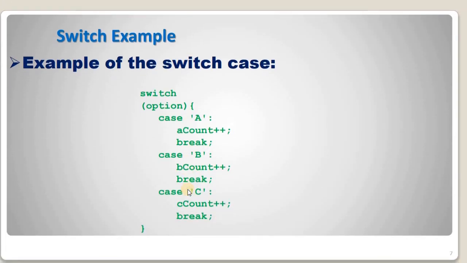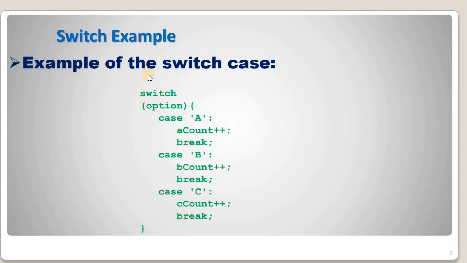Let's look at an example for the switch statement. I have a variable called option. The variable is a character. So I'm going to declare a character, char, space, the name of the character is option.